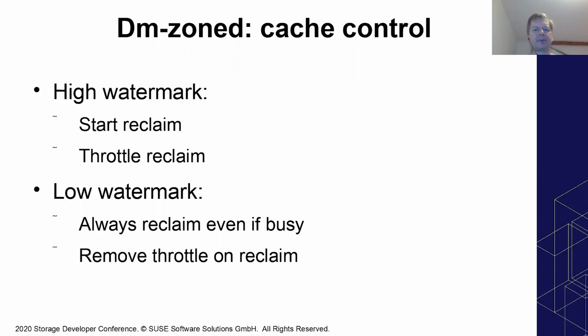The low watermark means that the reclaim should start even if the system is under I/O. And of course, we should remove the throttle such that we can clear out data as fast as possible.